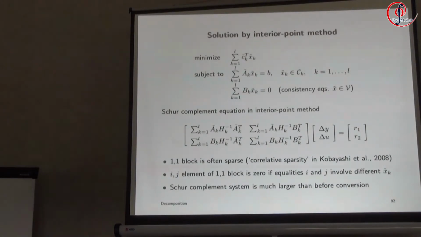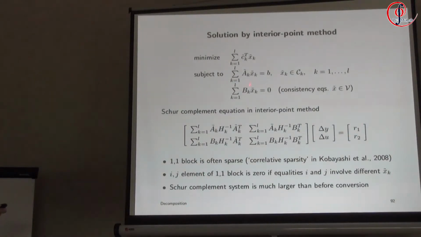And there's a simple rule to actually see what the sparsity is. You can assume that H_k is a small dense matrix. Then a matrix like this will have a 0 in position i, j if equations i and j in this set of equations never involve the same variable x_k. So rows i and j of the coefficients A_k are never non-zero for the same k. They're only non-zero for different, non-overlapping k's.